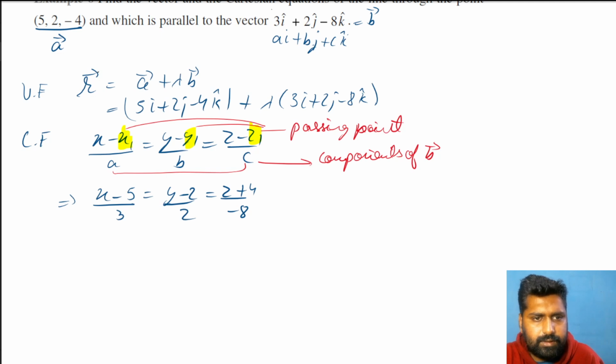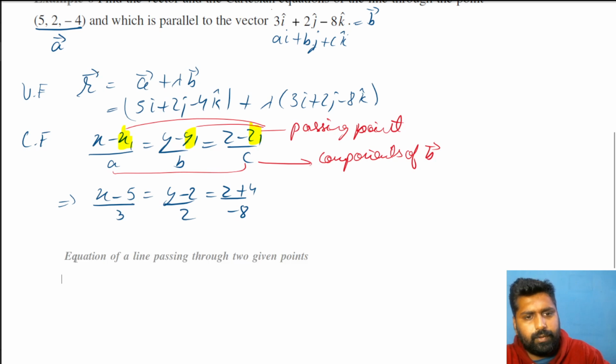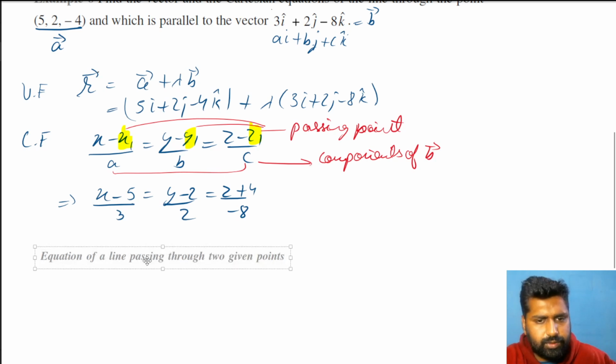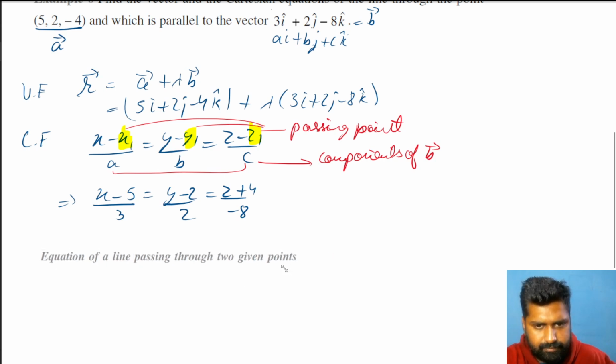Next, let's look at another form of the equation. This time we'll take 2 points. Okay. The equation of a line passing through 2 points, not 1 point.